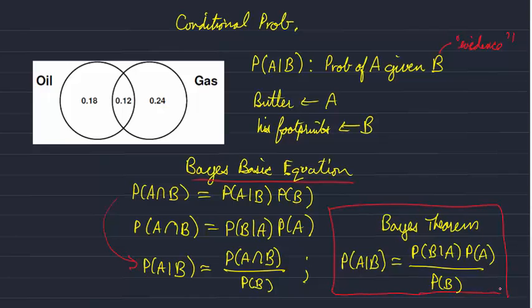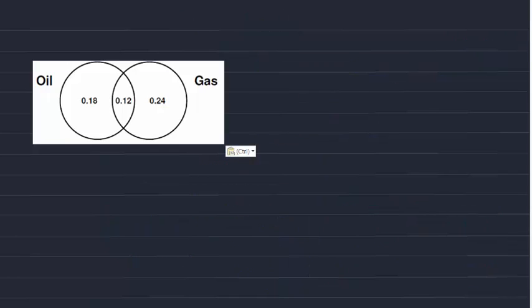Now let's look at an example here. Let's use the concept of Bayes' equation to estimate the probability of oil given the evidence of gas. Okay?